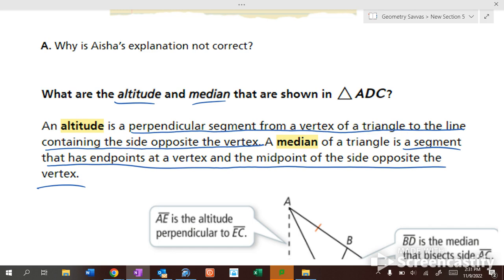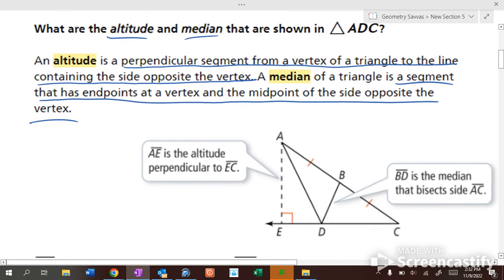So an altitude is a perpendicular segment from the vertex of a triangle to the opposite side, perpendicular to the opposite side. So this is an altitude. Now an altitude doesn't always have to be on the outside. We could also draw an altitude like this on the inside.